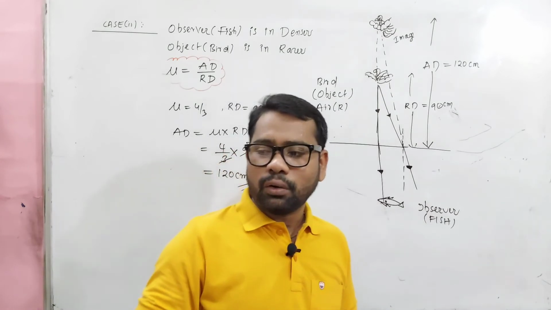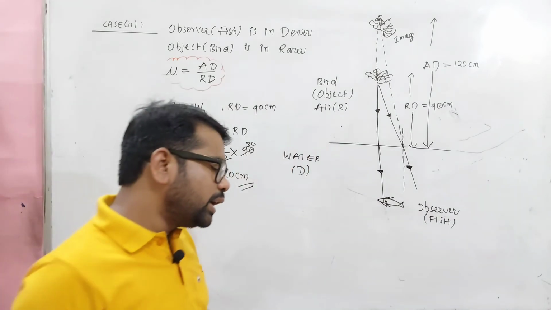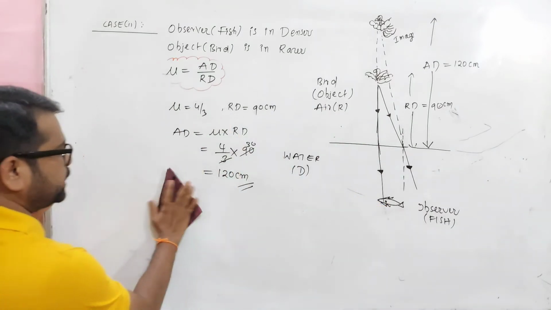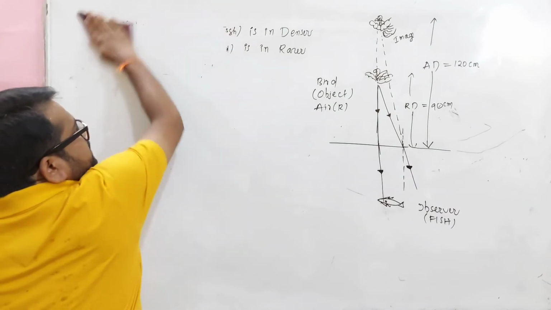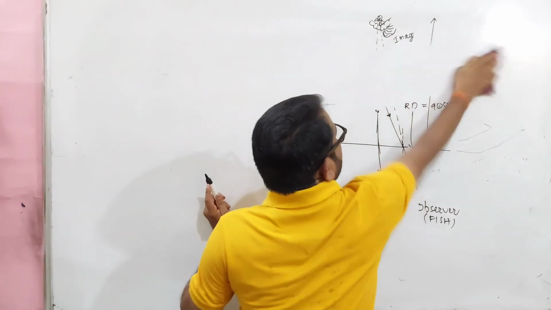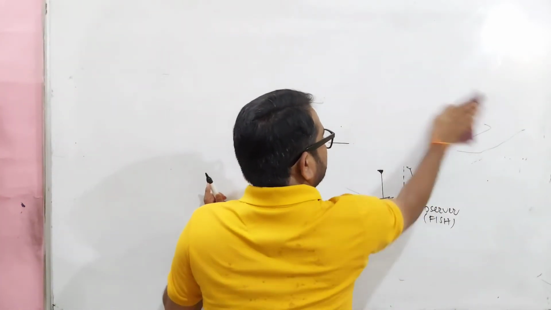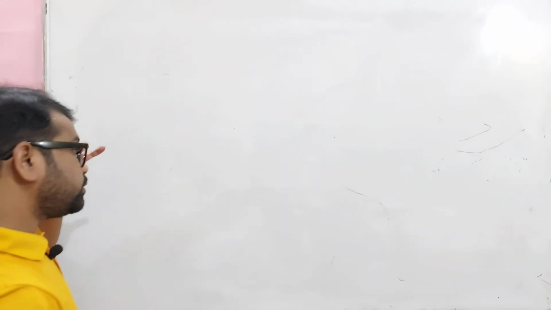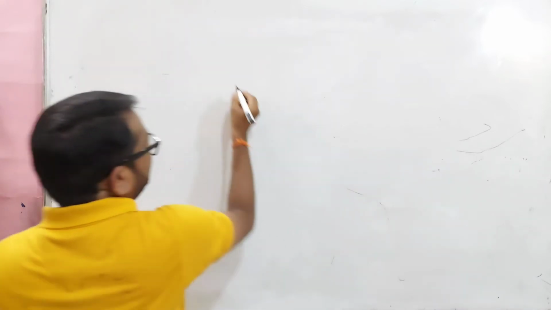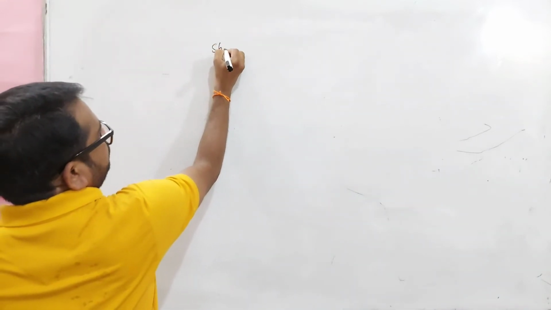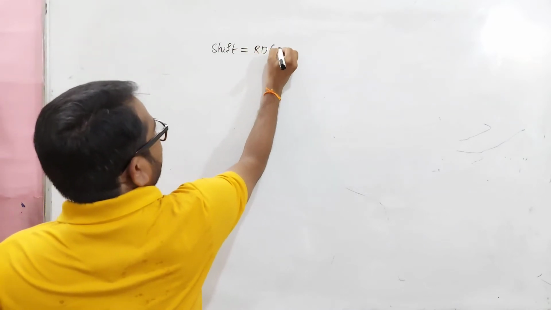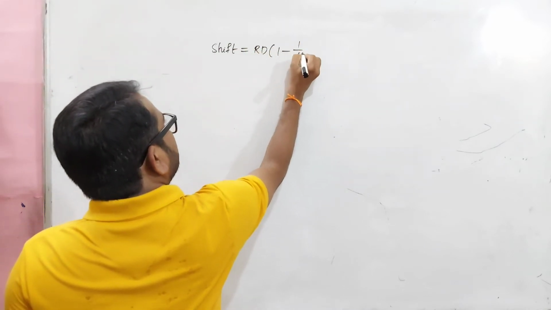Okay, fine. Now we will make the relation between real depth and apparent depth shift more simple. Let us go back once again to the relation between shift, real depth and apparent depth. Children, the final expression which we got is shift is equal to real depth into 1 minus 1 by mu.